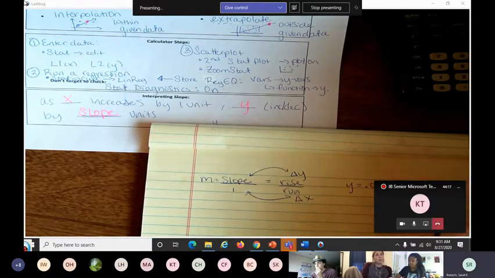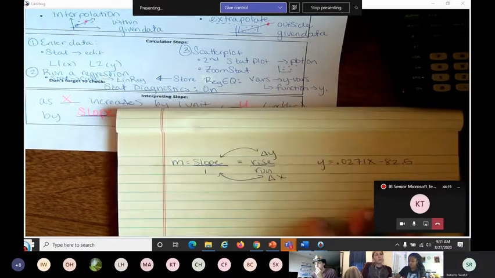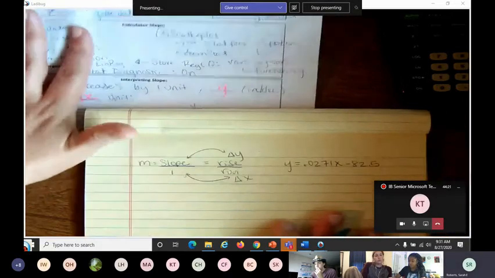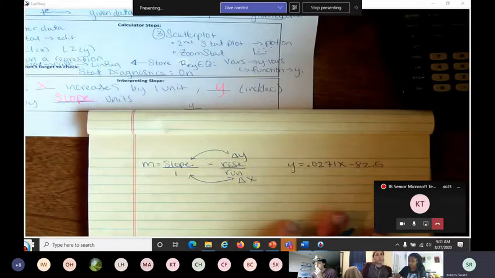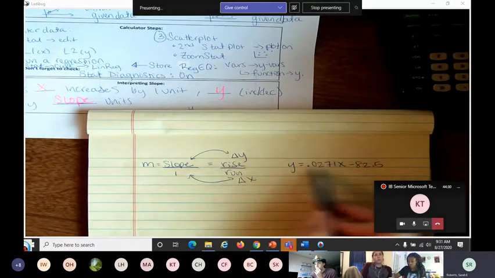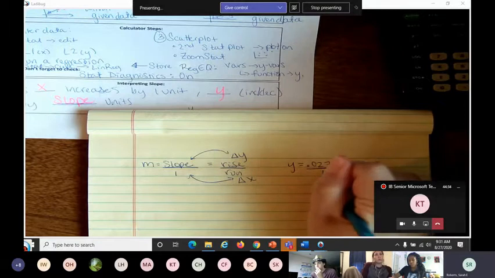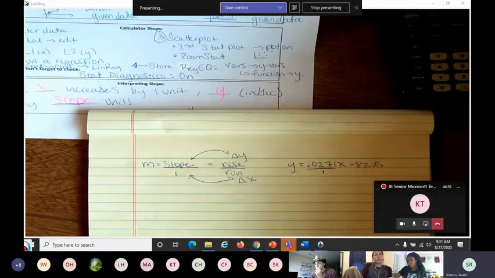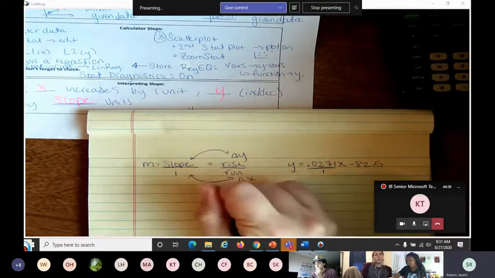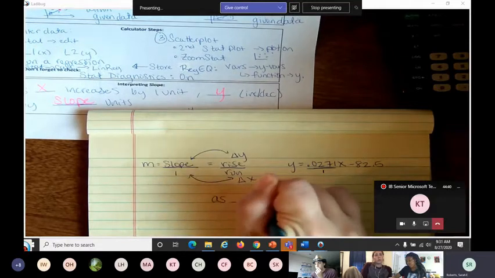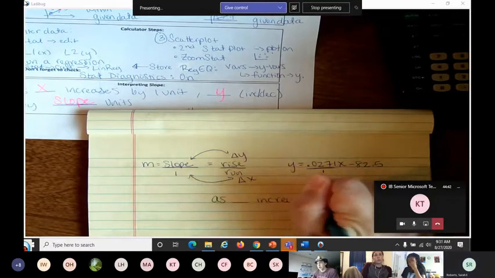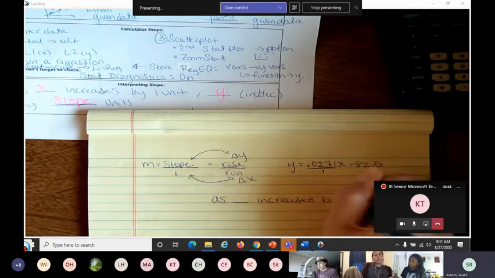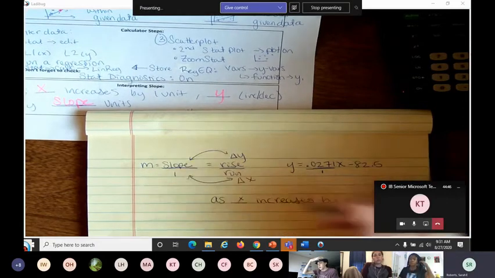Okay, so if we actually had a function, maybe we end up with a linear regression that looks like this. You can't see it, but it's some random equation that your calculator is going to come up with. Our slope is going to go, the change in y is going to go up by this many units. The change in x is going to go up by 1 unit. Okay, so that's what I mean by as blank increases by 1. So the x is changing by 1.